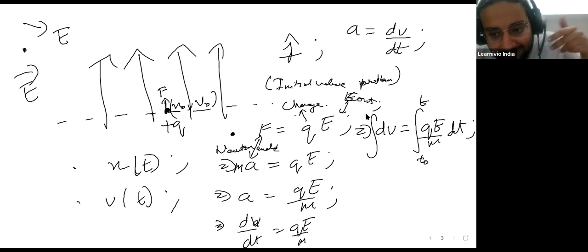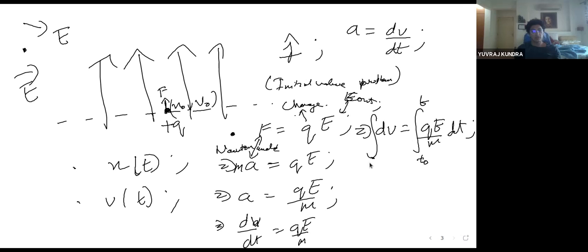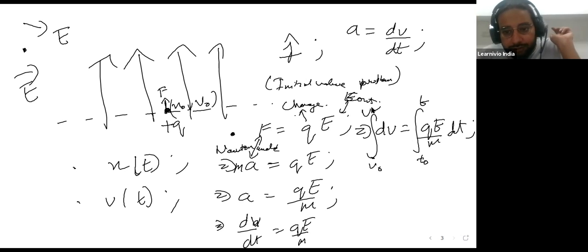Let's see what happens. Let's not jump ahead. Let's talk about the limits first. Let's say it's going from t naught to t. What will be the lower limit on the left hand side? Sir, t naught to t. Yes, v naught to v, because it's v as a function of t.